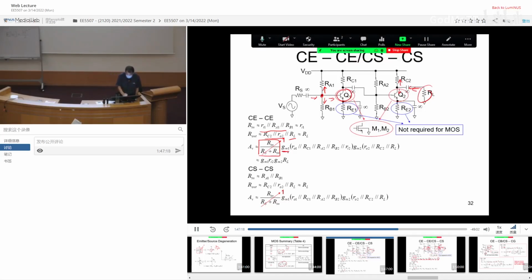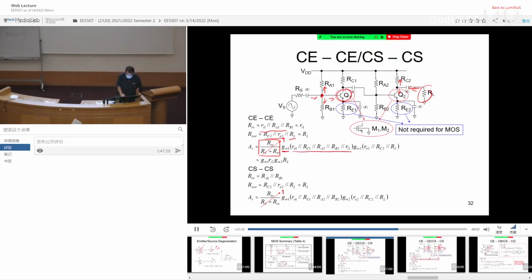And with this current source, I'll multiply the total resistance at which point? At this point. And you look 360 degrees around this point. So you look to the top, you see RC1. You look to the bottom, you see R01. You look to the right, you see RA2.